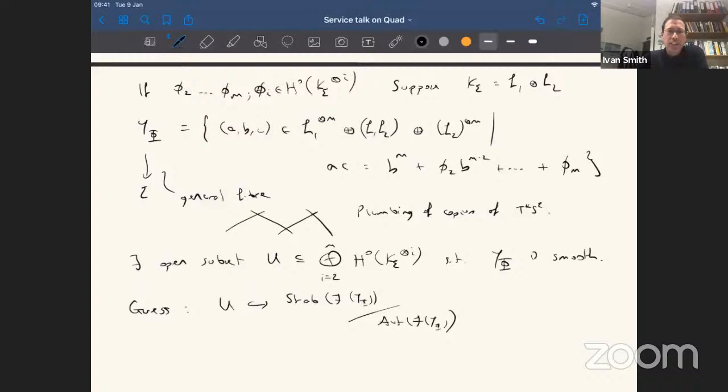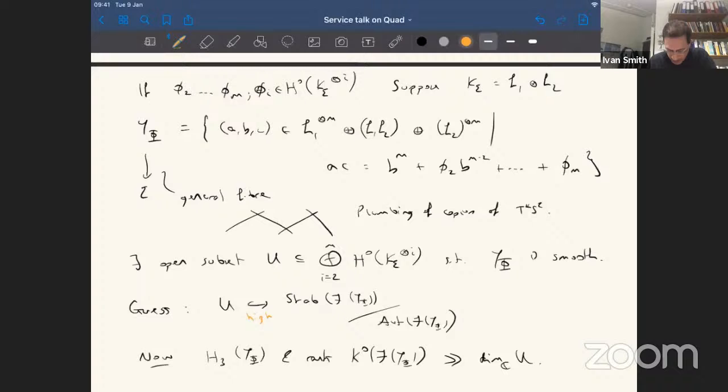Okay, but now there's a kind of dimension mismatch, and there's no way this can be onto, for instance, an open set. So this is some sort of high codimension embedding if it exists at all.